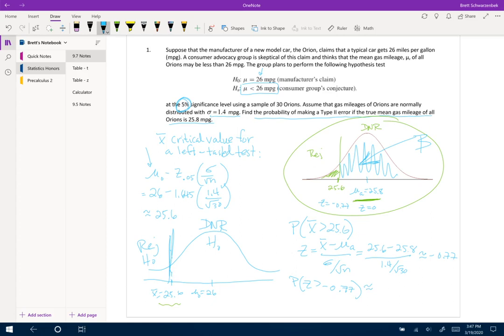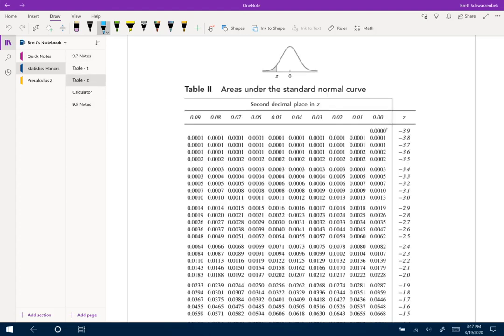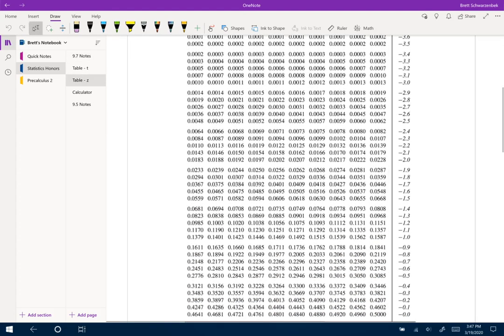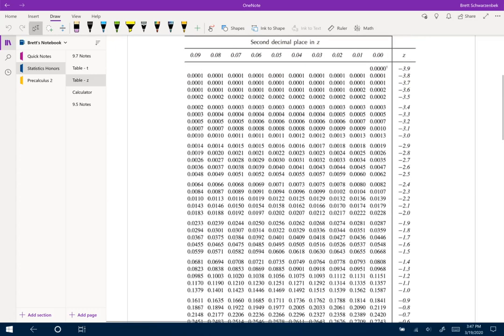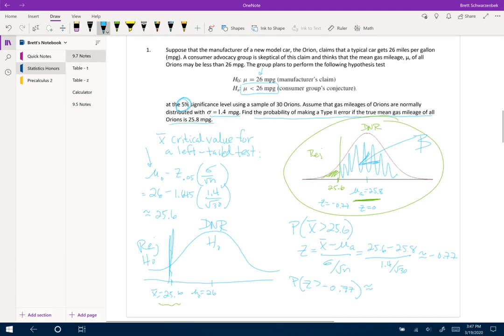So if we use the z table, we're looking up negative 0.77. So we're in this column here, and that puts us at about here, 0.2206. So if you go back, remember 0.2206 is the value that is below negative 0.77.